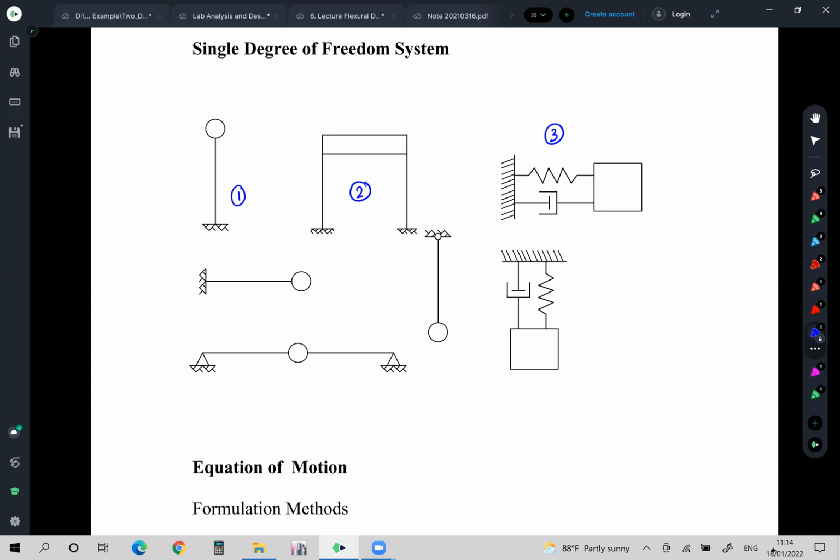However, some engineers prefer to use number 1 if they feel that the movement of the building is controlled by flexural mode, and use number 2 if they believe that the movement of your actual building is controlled by the shear mode.